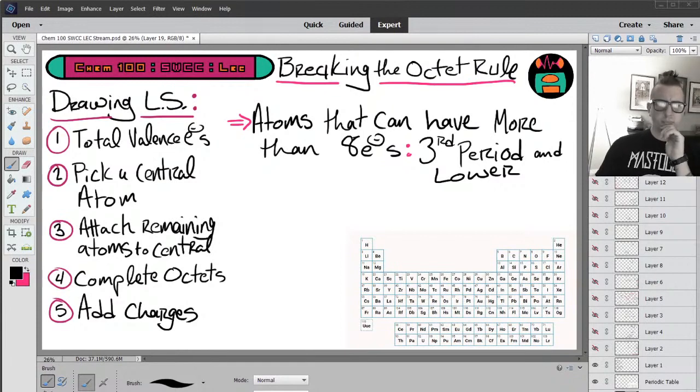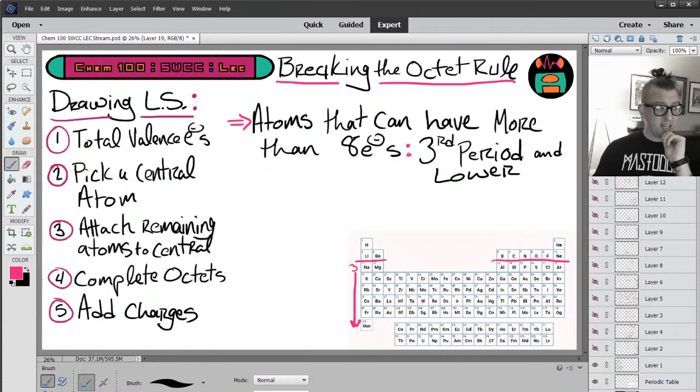You're like, wait a minute, third period and lower. Where is that? Well, here's the third period. Everything on the third period and down can break the octet rule. And you might be looking at that and going, Josh, that's most of the periodic table.